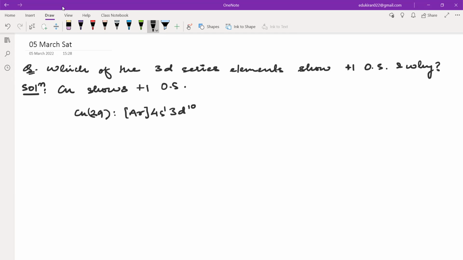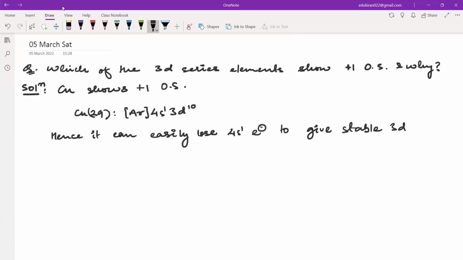Hence it can easily lose the 4s1 electron to give a stable 3d10 configuration. Okay, so note this down.